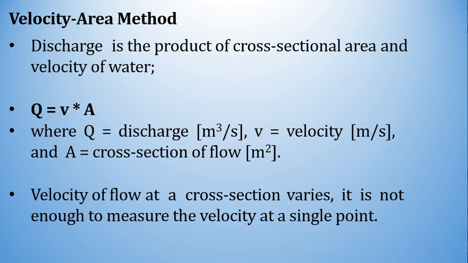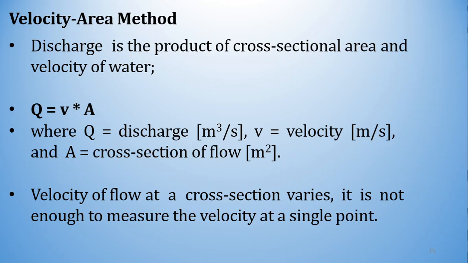Now, for actual stream gauging, we need velocity as well as area, because velocity and area can yield the discharge. We individually have seen the measurement of depth as a stage, and we have seen the measurement of velocity by using current meters, floats, etc. Now for stream gauging, this is the first technique, that is the velocity area method.